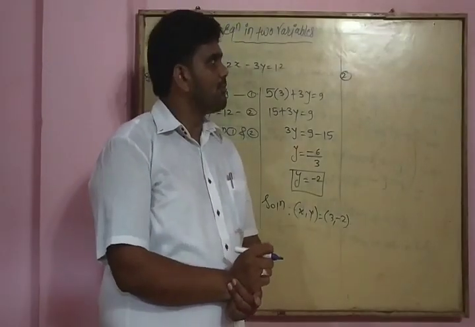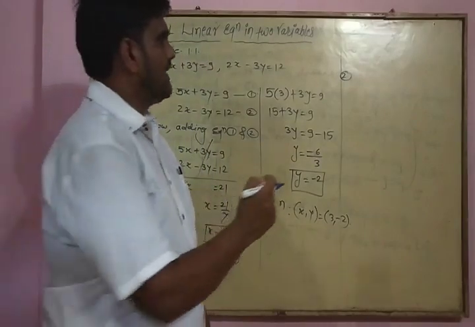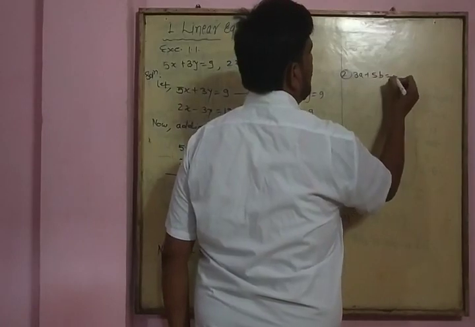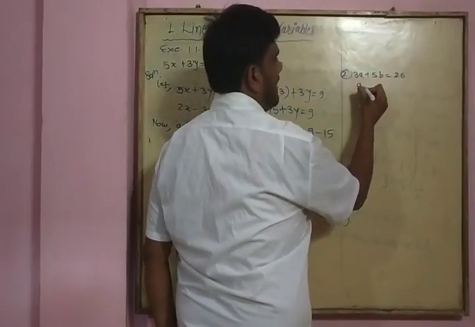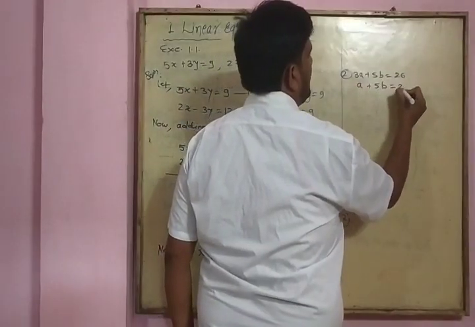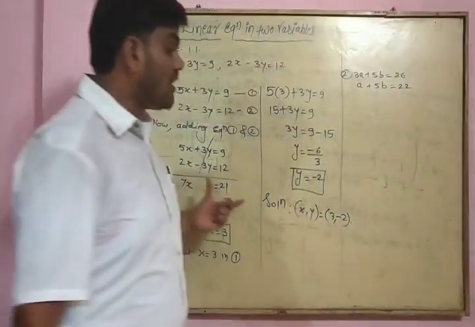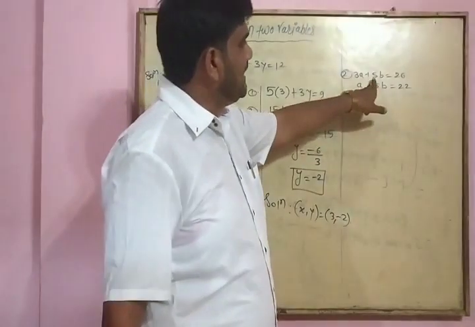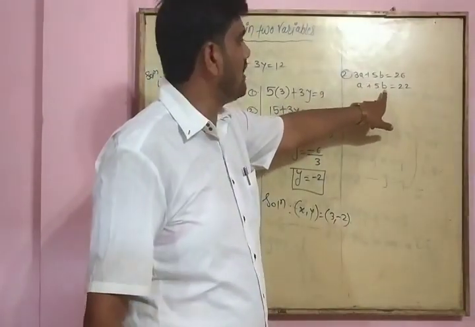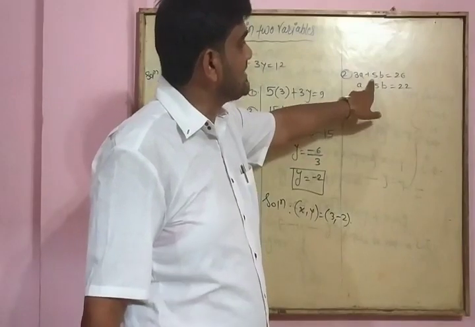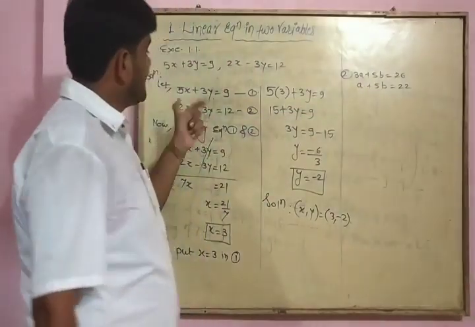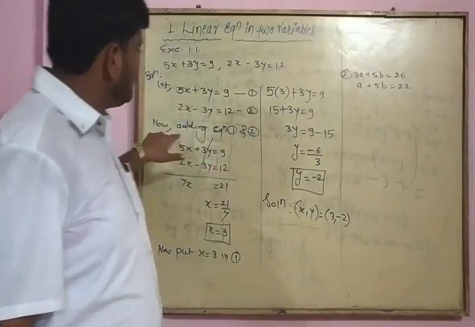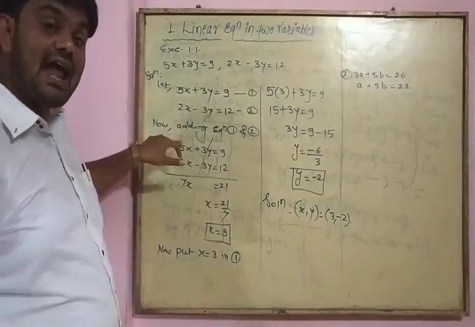Now the second example from the same exercise 1.1, that is 3a plus 5b is equal to 26 and a plus 5b is equal to 22. Now both of the examples are different. See here, the coefficients are the same for one of the variables, but the signs are also the same. In the earlier example the signs were different and the coefficients were the same, so both equations got added.